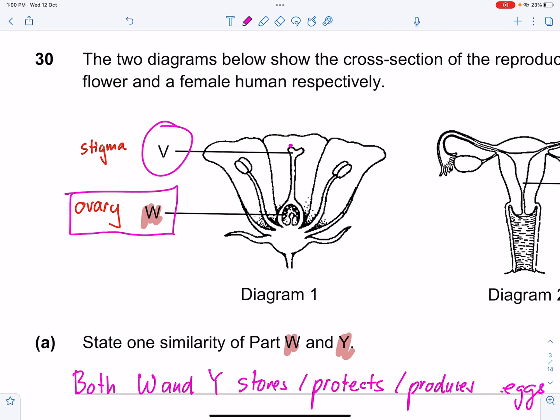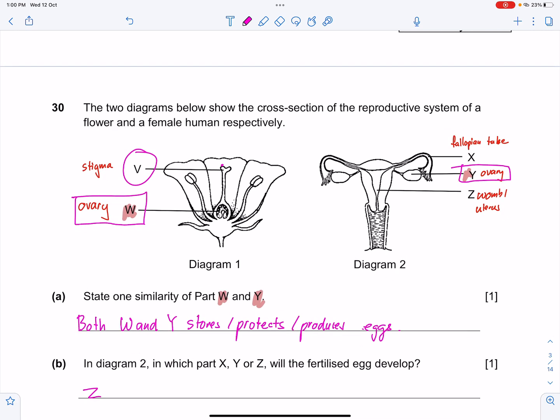So I need to see that part of the answer as part of your explanation. And then you talk about why no fruit. No fruit because no fertilization. Why no fertilization? Because no pollination. Okay, so it needs to be linked.